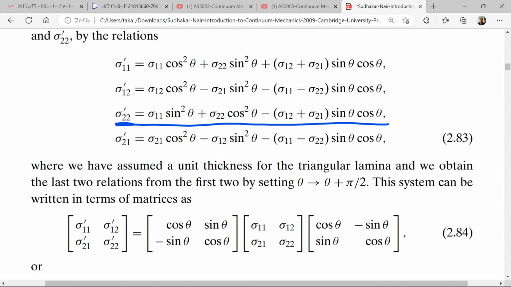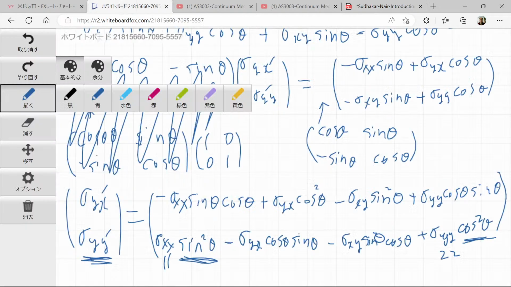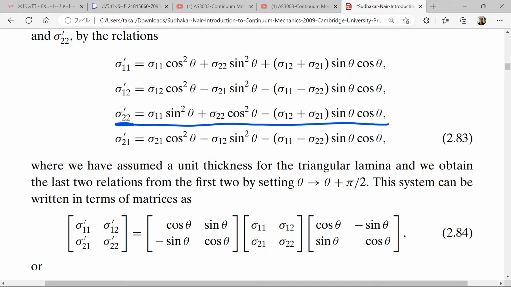Yes, minus 2, 1, 2, sine square, sine theta, cosine theta. So this is okay. We are done.